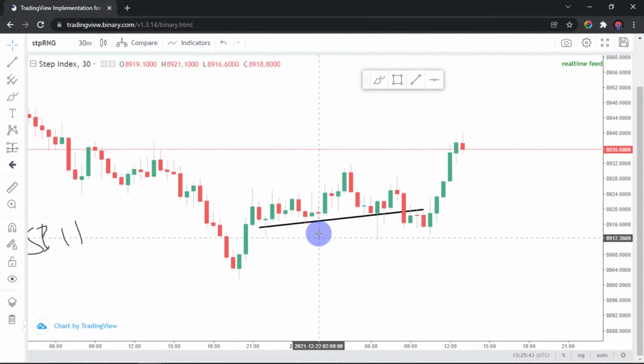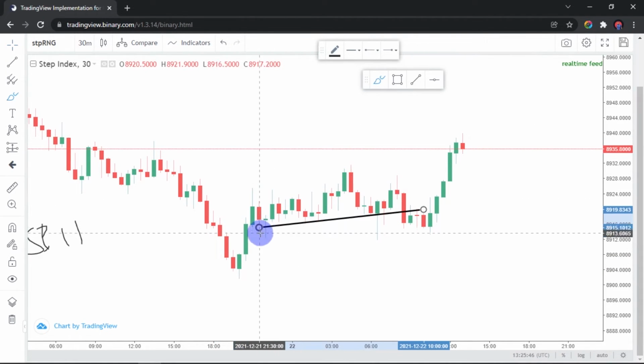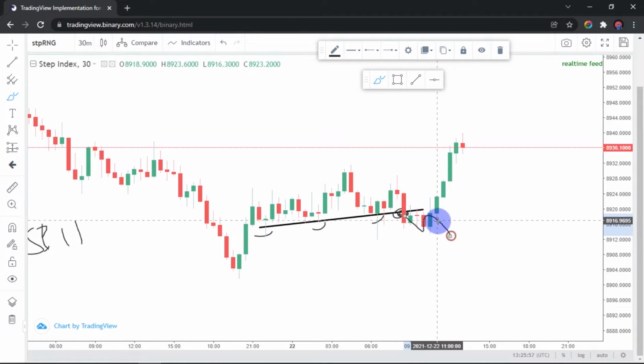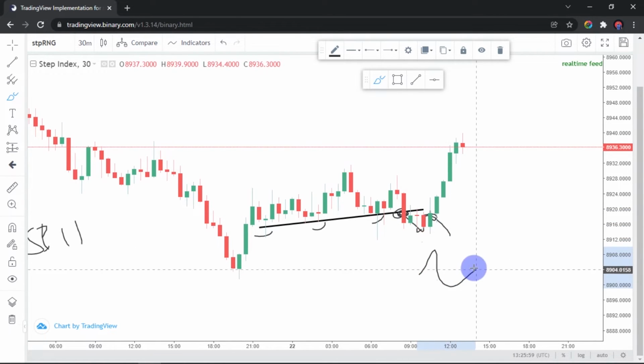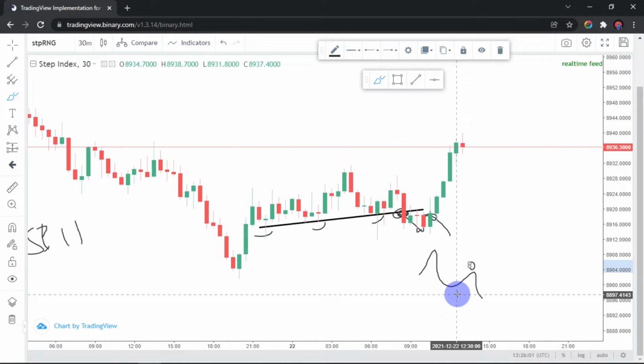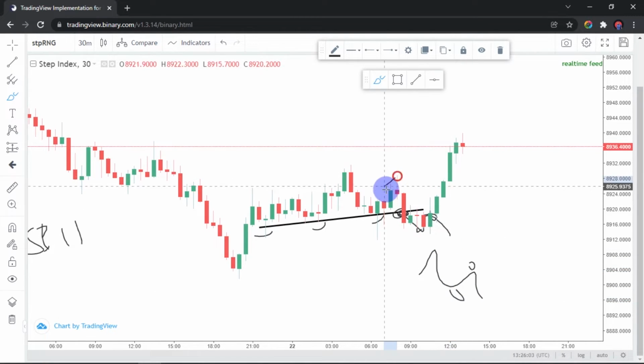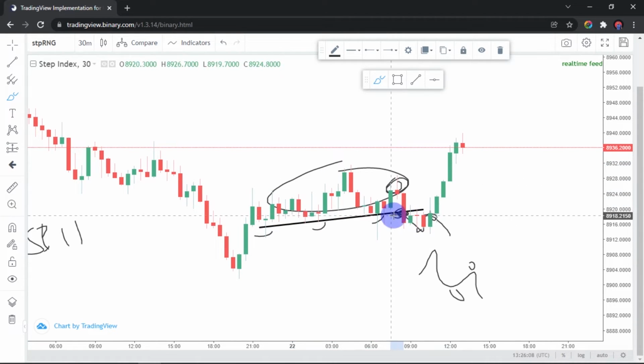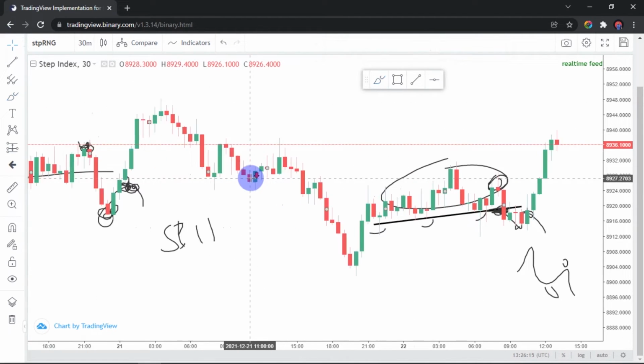The reason I'm drawing here is that I want to cover all these areas of interest, which are very key. If you observe the breakout, after the breakout we didn't get a clear structure of the sellers, a structure which shows a lower high and a lower low. Although we do have a lower high here, it was still on the upper side, not below the breakout. So after the breakout, we need at least a high that is retesting that breakout before we can make a decision.